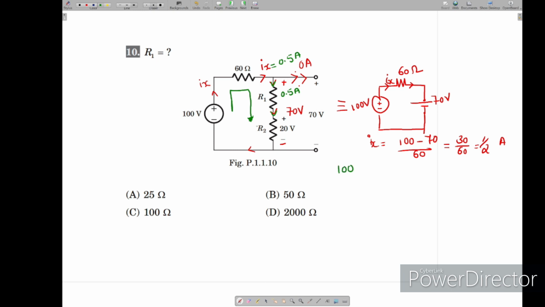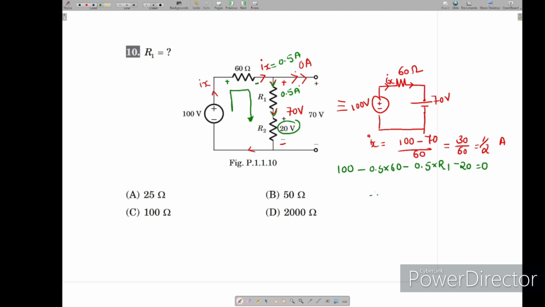Now 100 minus, because current always I told like this, so 0.5 times 60, if it comes here, minus 0.5 times R1, already 20 volts is present here. I am writing the KVL across this after finding the current, minus 20 equal to 0.